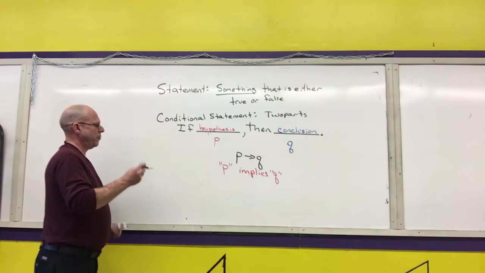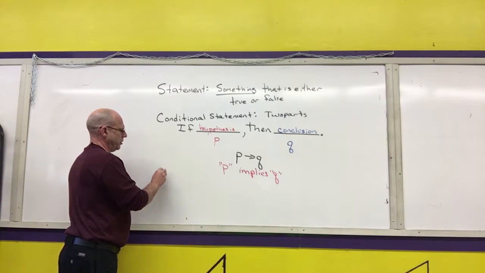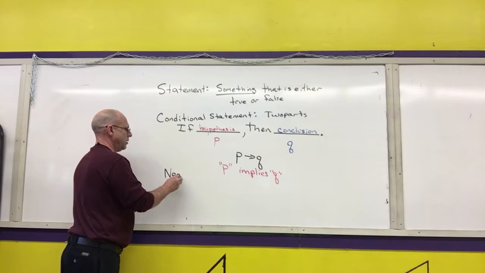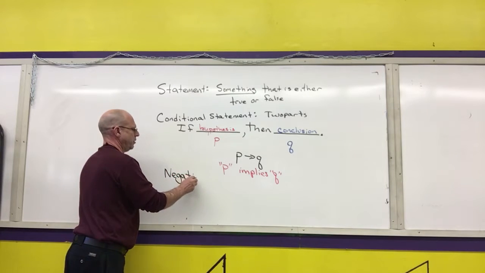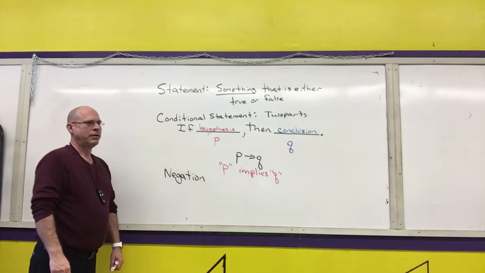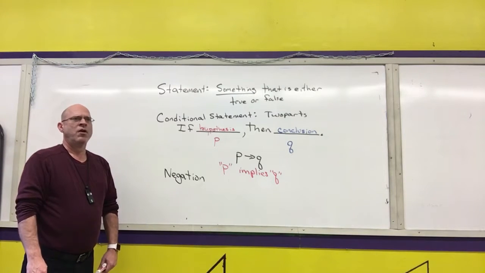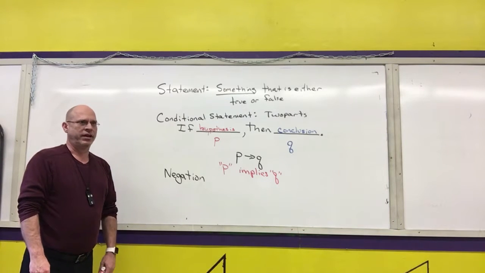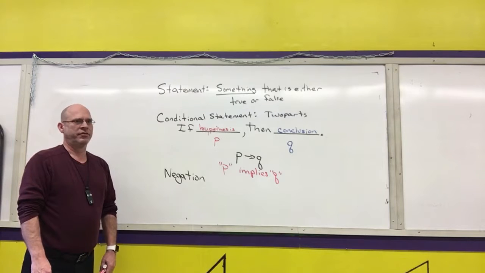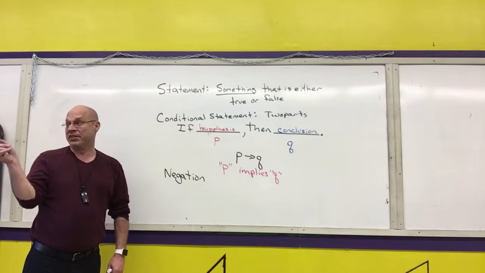The next term I want to define is negation. What do you think negation means? Okay, that's one term. What's another way to think about something like a -3? It's the blank of 3. It's what? Opposite.